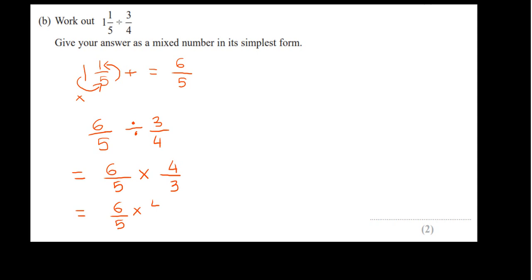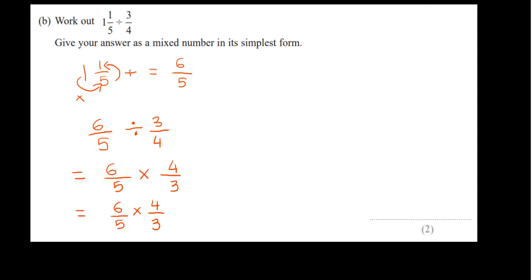I'm going to look for any two numbers that are on different levels but come in the same times table, apart from the 1 times table. So I've got the numbers 6 and 4 over here.